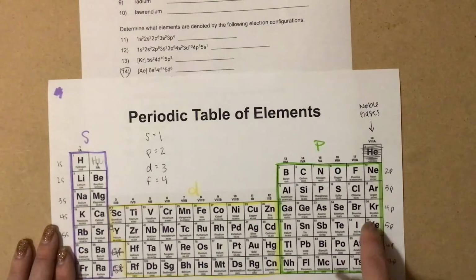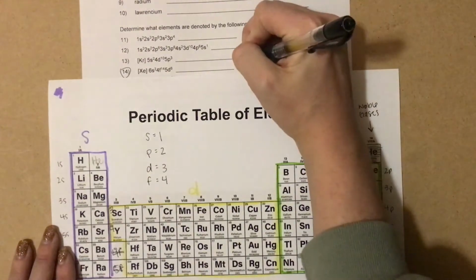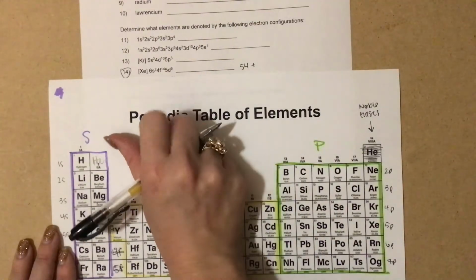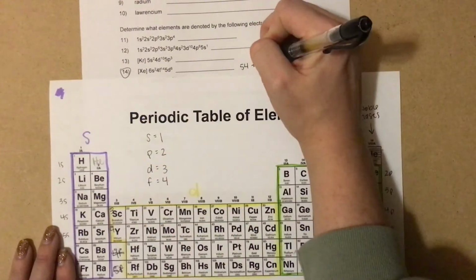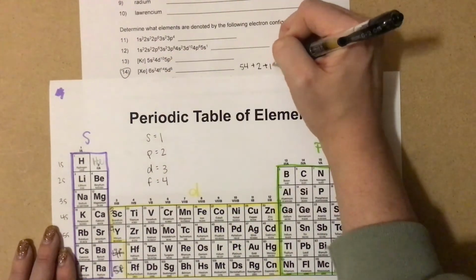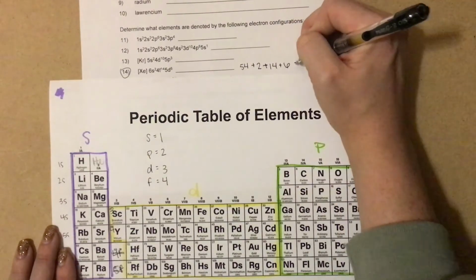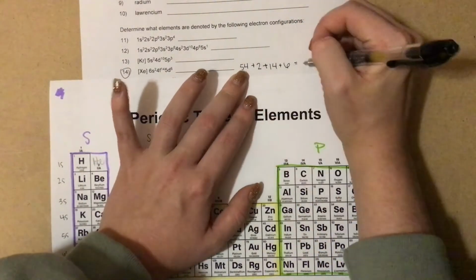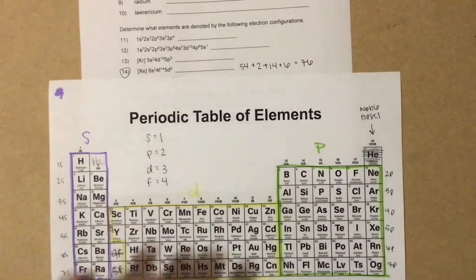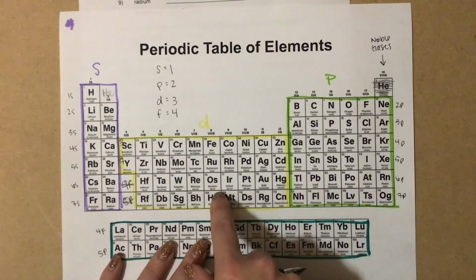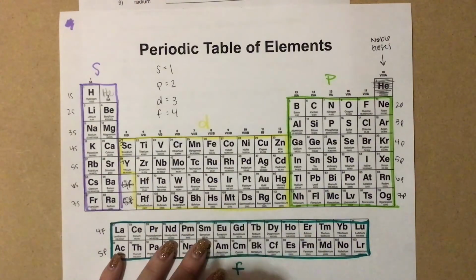Xenon has 54 total electrons, and I can just add up the exponents of the rest: 2, 14, and 6, which is 22, so I get 76 total electrons. The element that has 76 total electrons is osmium, not iridium.